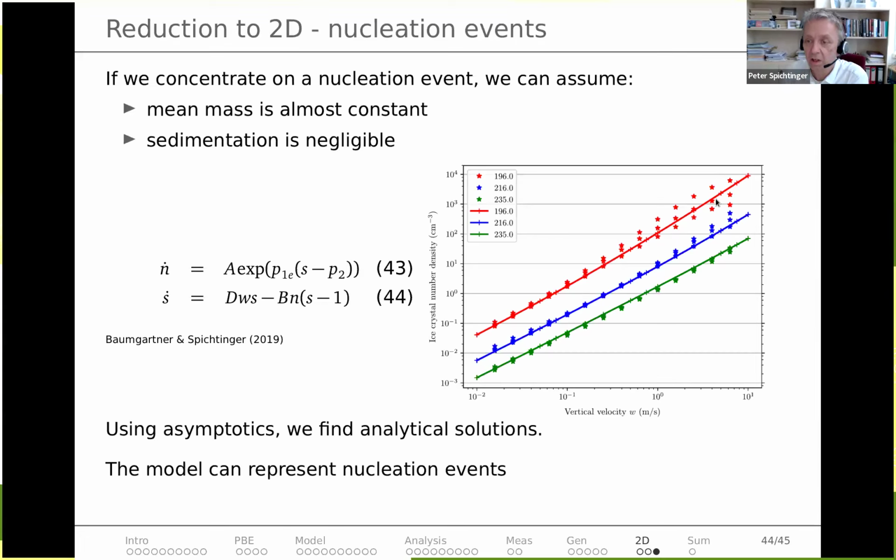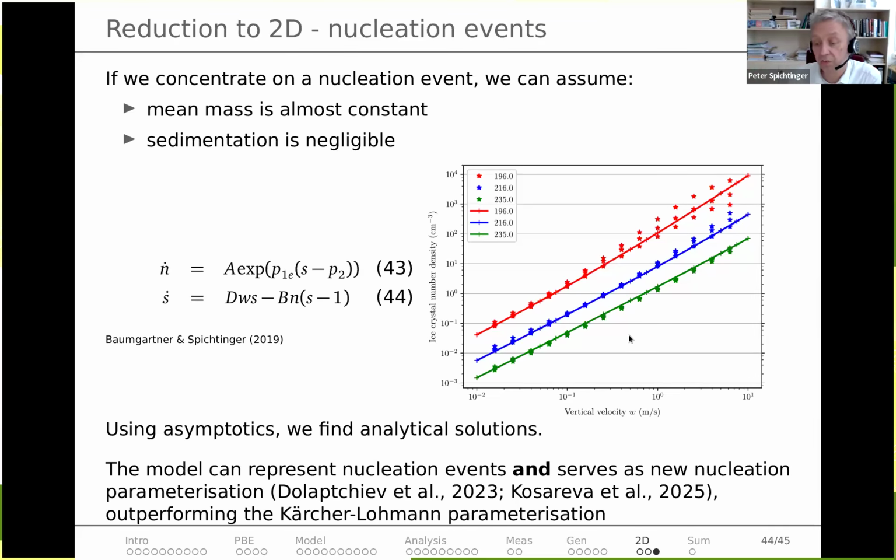So the dots are the calculations from a super complex model by Kärcher and Lohmann. And the lines are our model. And this can be used as a new nucleation parameterization. So this is work by Stamen Dolaptchiev and Alena Kozareva during the last years, really outperforming the standard Kärcher-Lohmann parameterization.